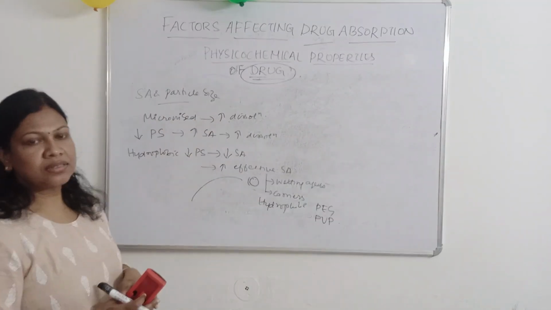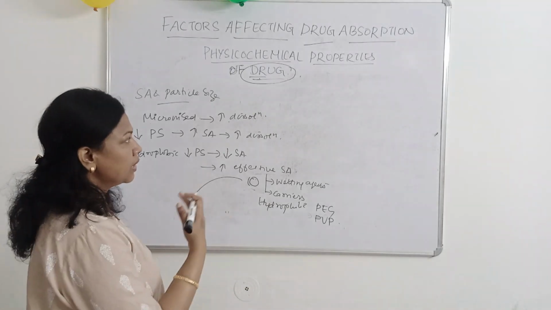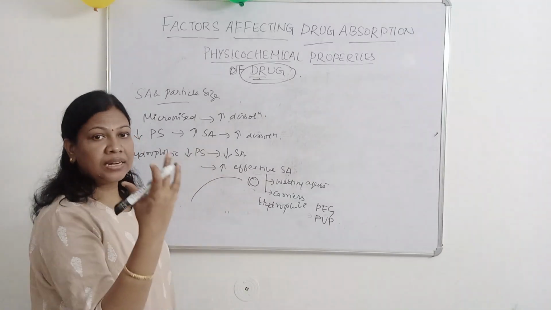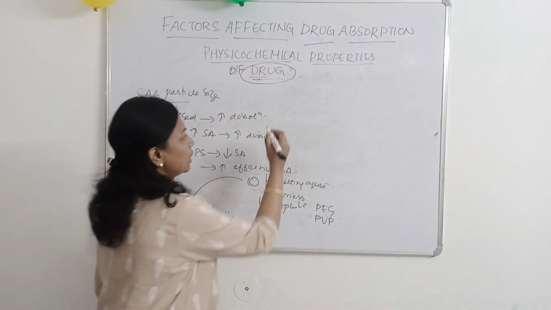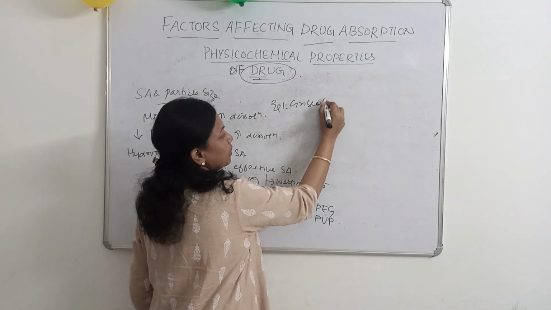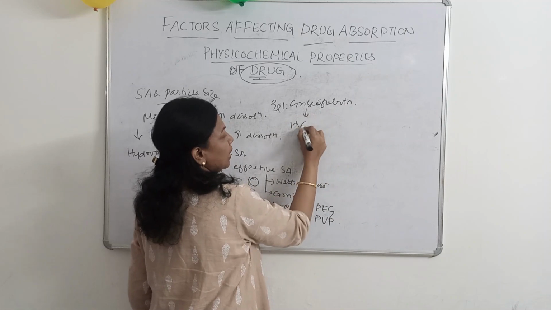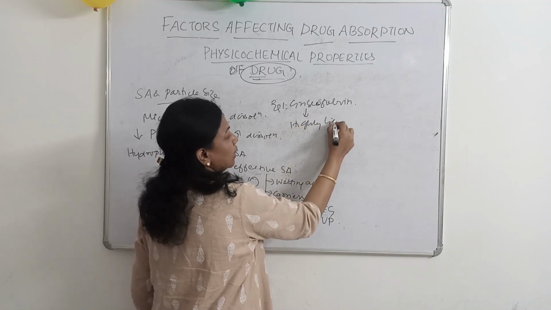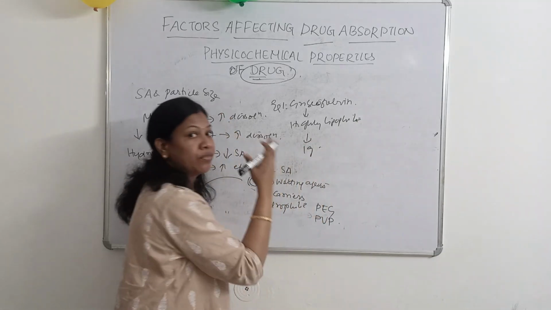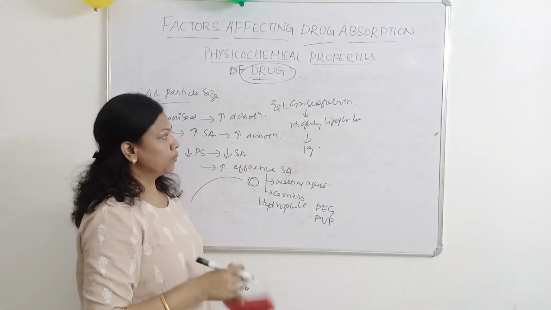So we discussed that micronization will increase the dissolution. Is there any proof or evidence that it has increased the oral drug absorption? Yes, the example is griseofulvin. The drug griseofulvin, as I already discussed in biological factors, is a highly lipophilic drug and has a dose of about 1 gram. 1 gram of drug has to be administered, even then its bioavailability is very low.